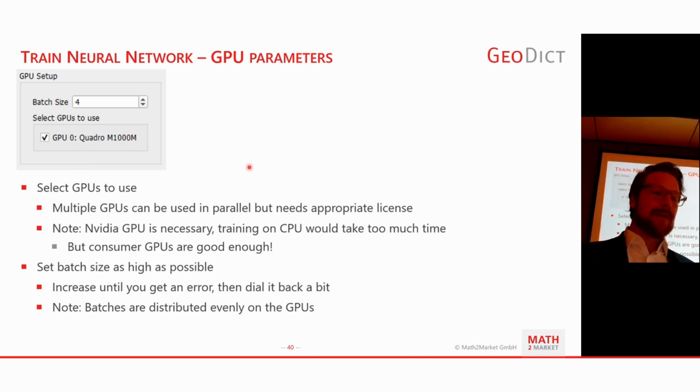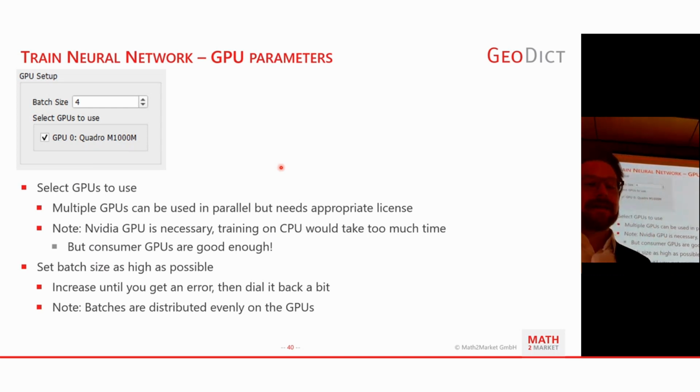Note that an NVIDIA GPU right now is necessary because I believe PyTorch does not yet run well on AMD hardware, and running on CPU is totally out of the question because it would be way too slow. Inference, so applying a neural network, is still in the ballpark of what could be tolerable on a CPU, would probably need a factor 10 runtime compared to a GPU, but training, I believe, is not feasible on CPU.